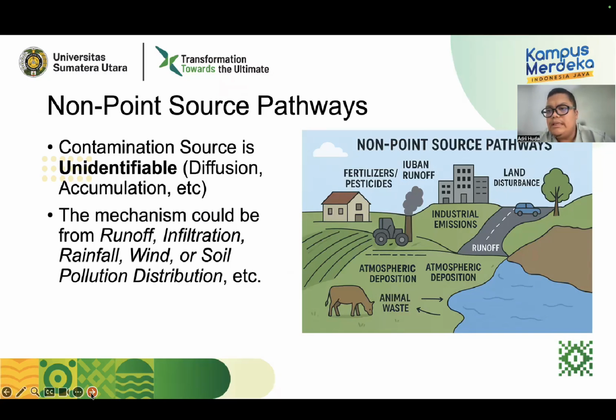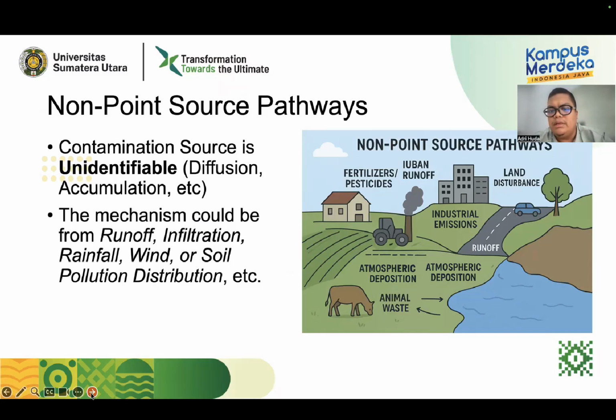For example, the rivers right now in Indonesia, especially in Medan, have a very high amount of organic compounds, or TOC, total organic carbon, in the water. The organic carbon in the water system can come from a set of activities.